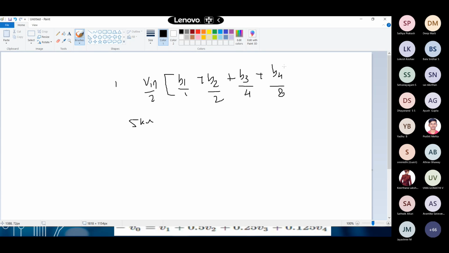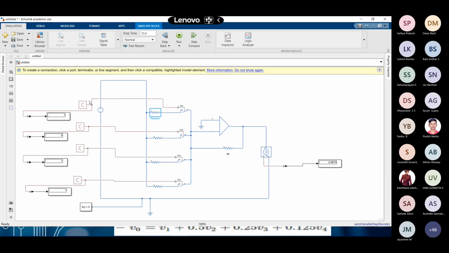This is minus, and V out equals to, okay, we have set it to 1 0 1 1. So you will get 8 plus 2 is 10, 11 by 8 times V in.